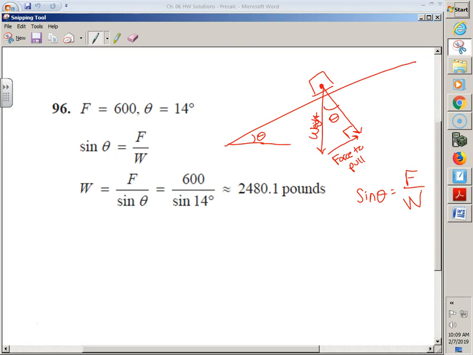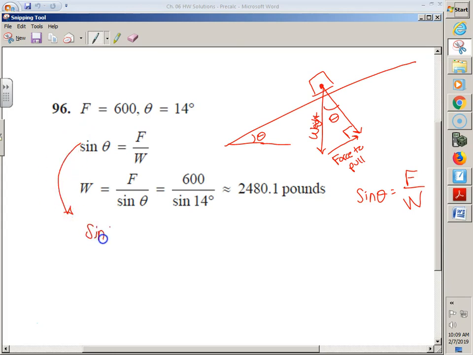But once you had the picture down, all you had to do was take what they gave you, which was the force to keep it from sliding, the force to pull it up. Probably the force to keep it from sliding. Is 600, the angle is 14, so it was as easy as, as long as you knew your formula, plugging and chugging.